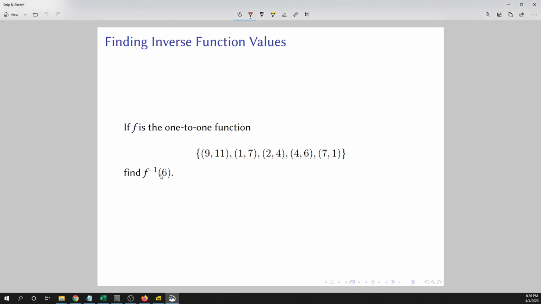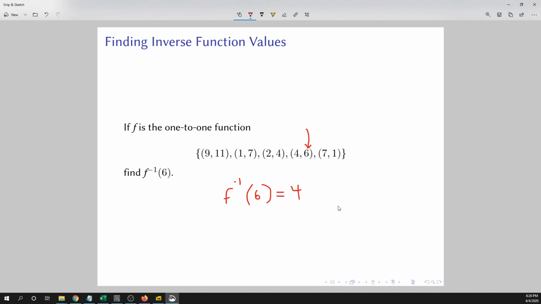What I would do is look through until I found a 6 in there. And so f inverse of 6 is equal to 4.